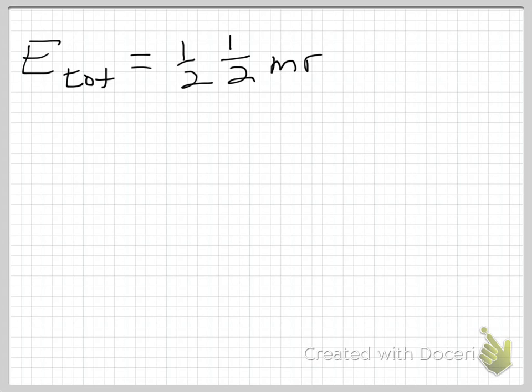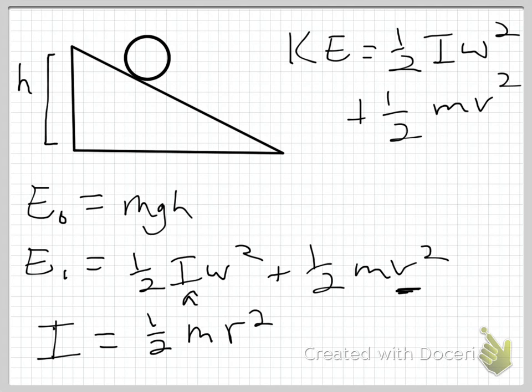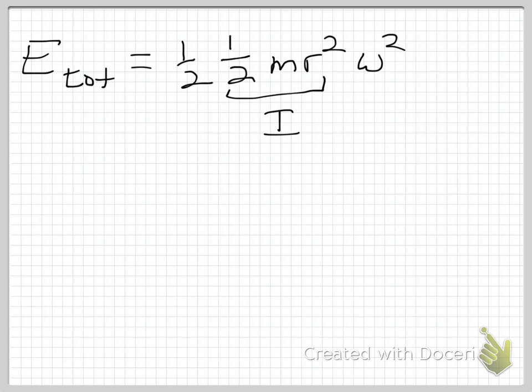Alright, let me go to a new page. So I get that the total energy at the end of the ramp, where I'm summing this up, is equal to 1/2 times I, which is 1/2 mr squared, omega squared, plus 1/2 mv squared.